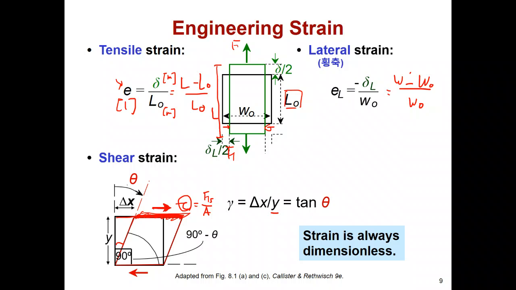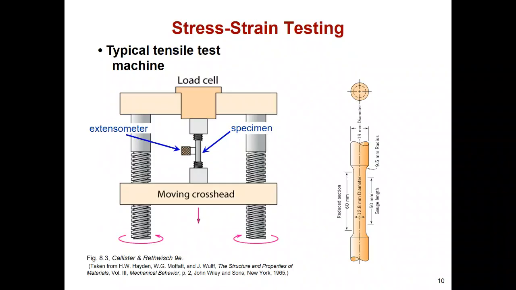Due to the reason that almost all solids deform very little, by assumption we can say that tangent theta is almost similar to theta. So strain is always non-dimensional and very small.